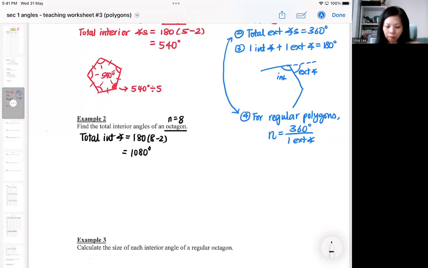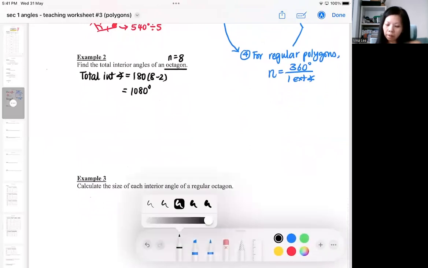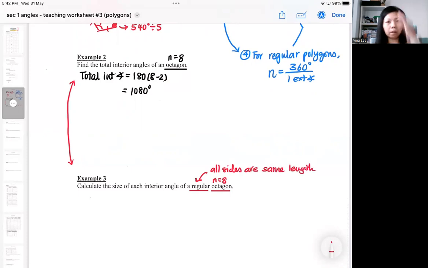The next one is related to a regular octagon. That means there are 8 sides, and all the sides are the same length. So of course, all the interior angles will be the same, and all the exterior angles will be the same.